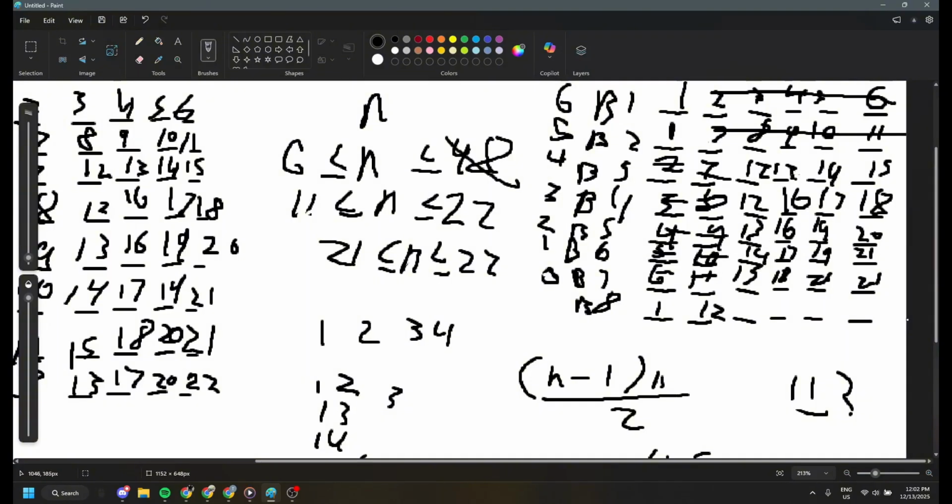We'll choose 12. 12 crosses out all of these rows. And does it appear anywhere else? No. 13. Oh, we have to cross out all the ones that those appear with. So 13, 16, 14, 15, 17, 18.